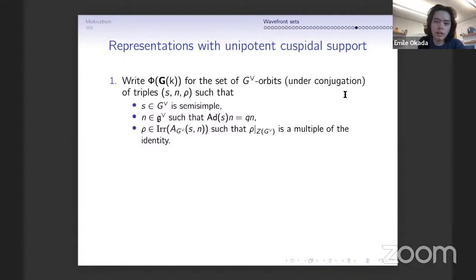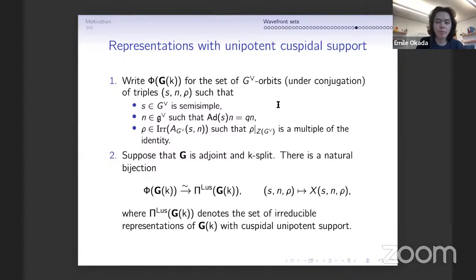They're parameterized by these triples (S, n, rho), where S is a semisimple element and satisfies this equality, and rho acts as the identity. So we're going to write X(S, n, rho) for the corresponding representation.